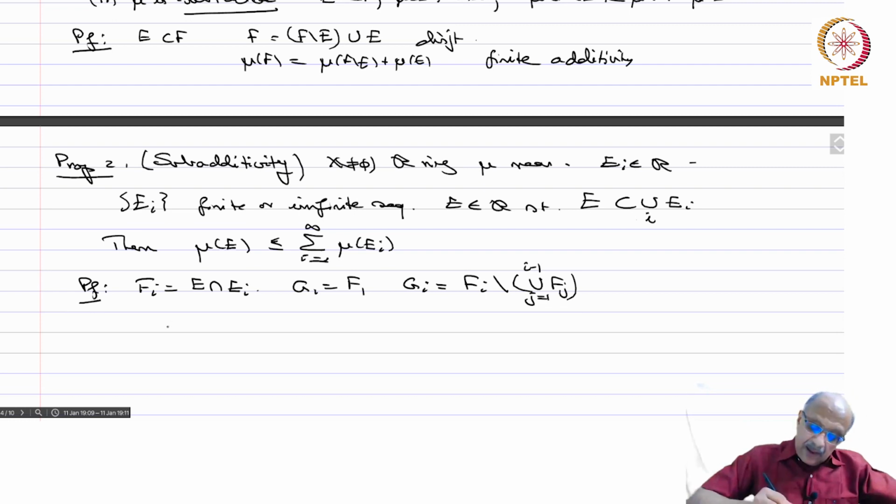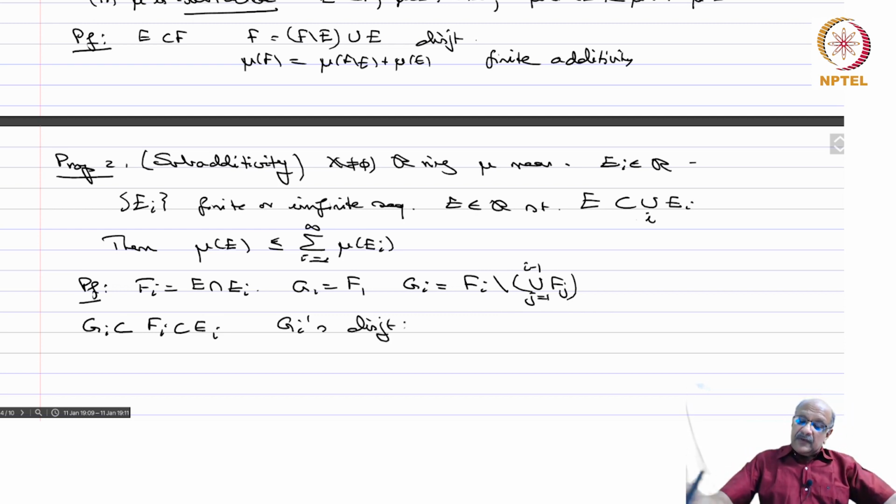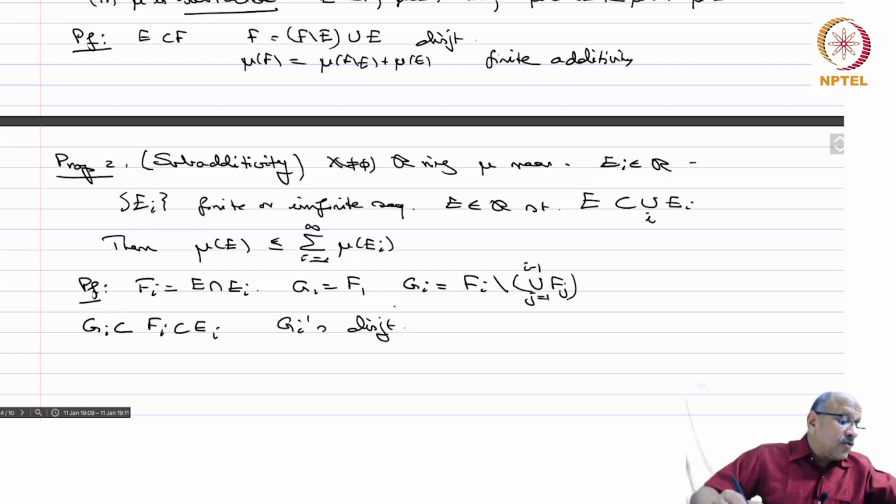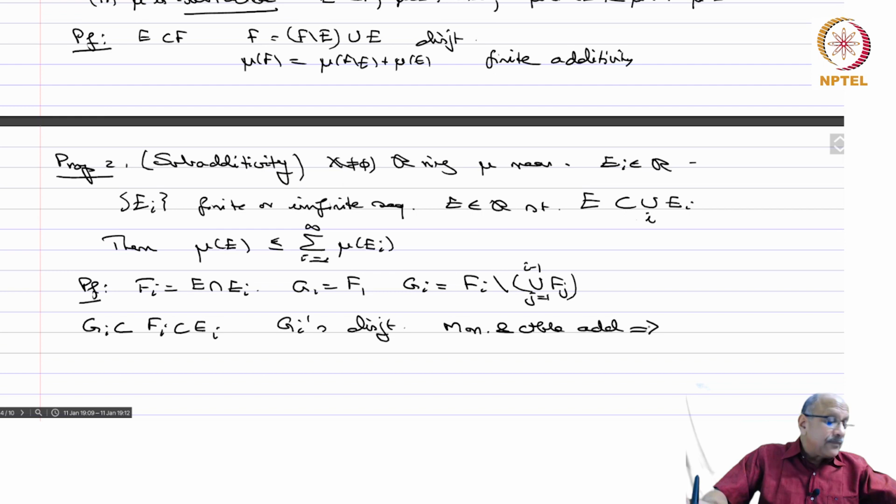Then you have that F_i is contained in E_i, and G_i is contained in F_i, and the G_i's are disjoint because I have taken away all the previous elements. So by monotonicity and countable additivity, this implies that mu of E.